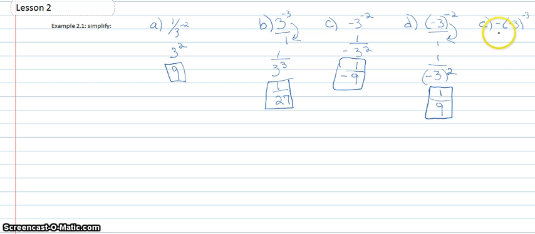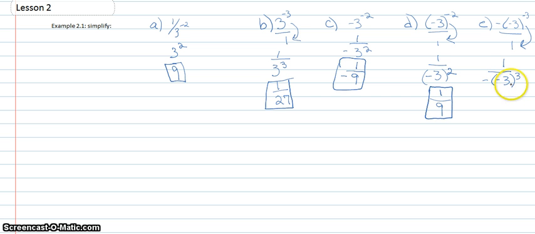Alright, in E, we have a negative sign, then parentheses, and a negative 3, close the parentheses, to the power of negative 3. We need to, again, take this down to the bottom. So we'll have 1 over negative 3 cubed.